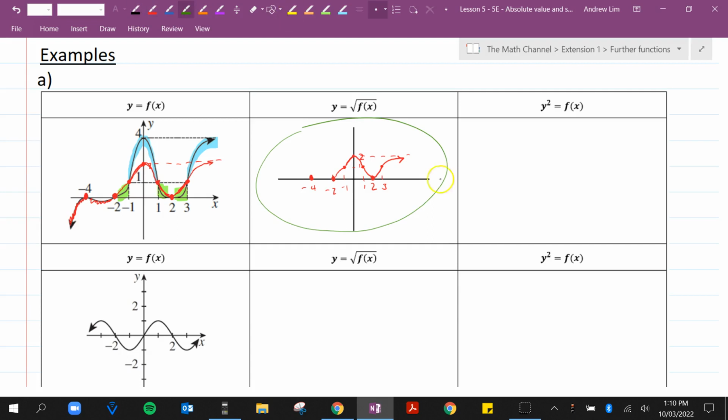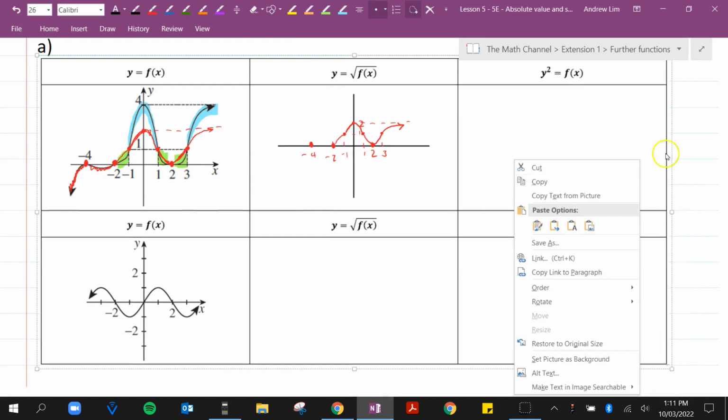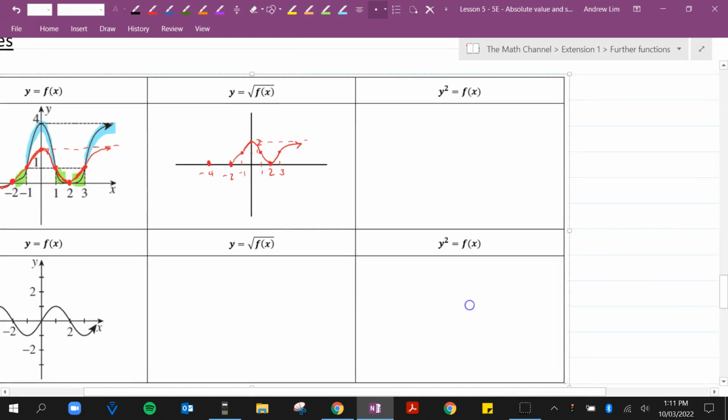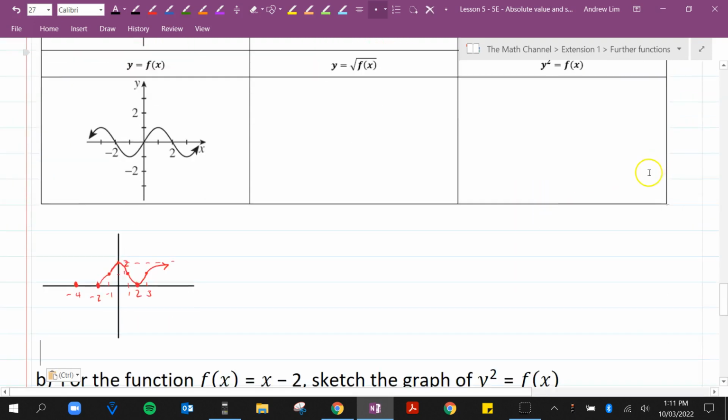Let's see, what can I do? I might see if I can copy this, and I'll paste it over here. Nope.